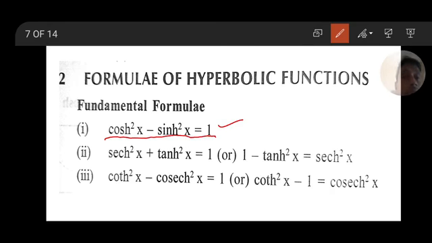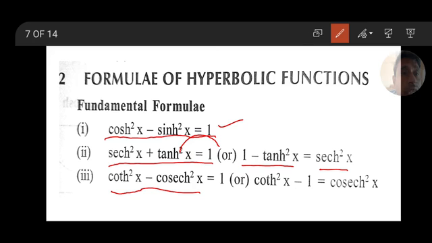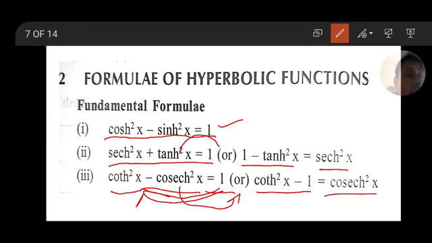Next, second one, sech square x plus tanh square x equals 1, or this can be written, if tanh square x comes to the RHS, as 1 minus tanh square x equals sech square x. Next, coth square x minus cosech square x equals 1. If this 1 goes to this side, coth square x minus 1, cosech square x comes to the RHS, equals cosech square x. These three are fundamental formulae.